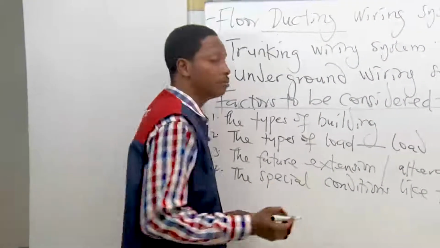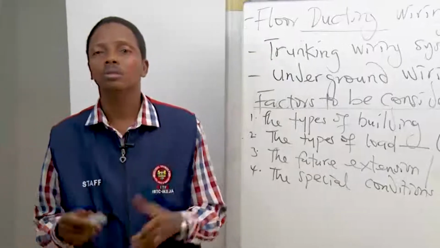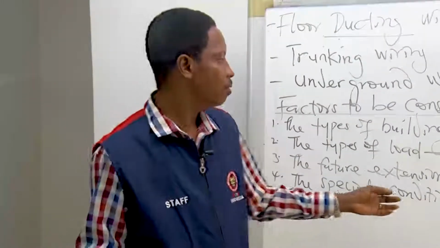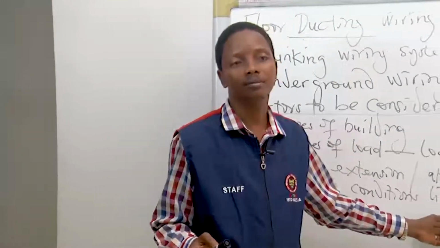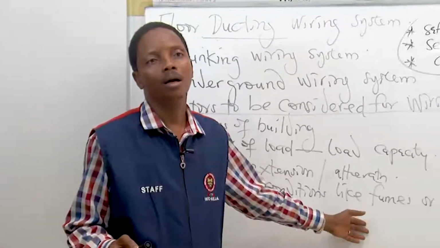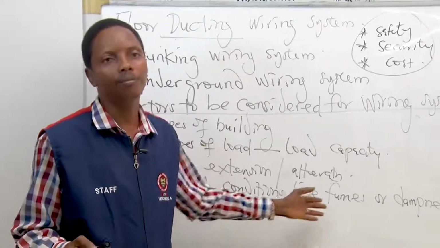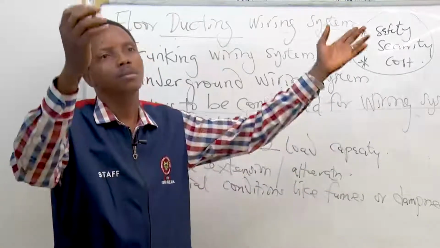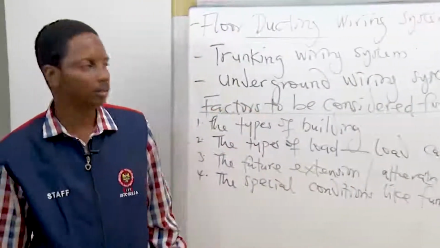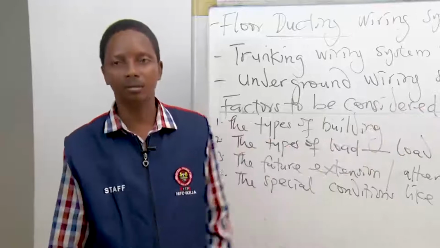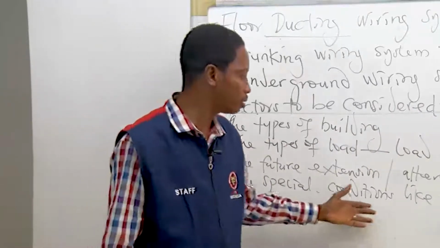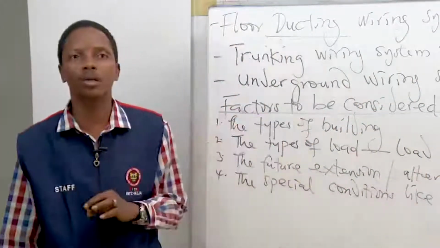Now, you cannot use PVC cable in a gaseous area or in a filling station or in a fuel storage facility. So what type of wiring system are you going to use?